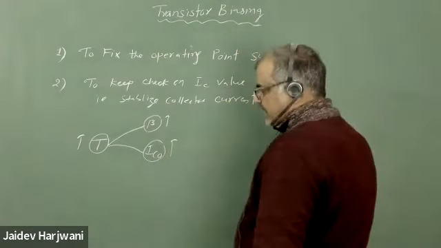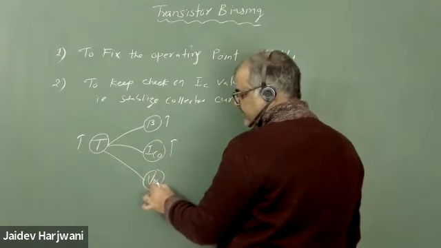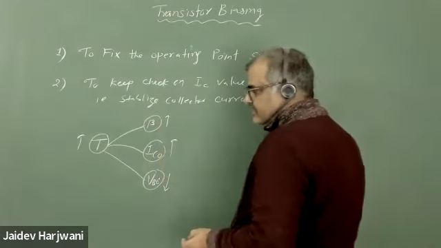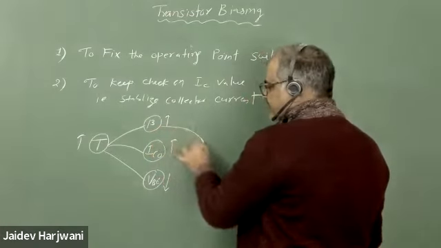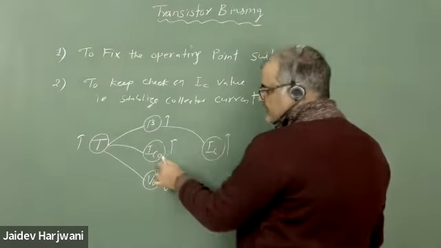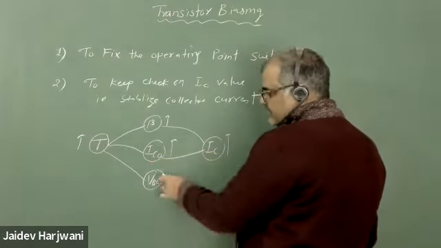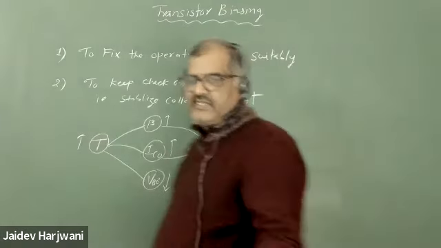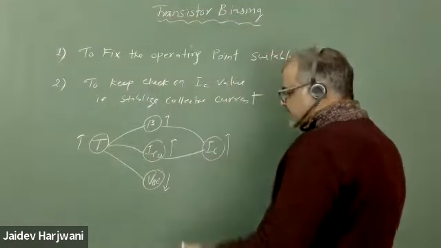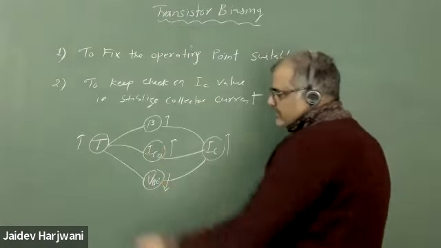And the built-in potential VBE also goes down. So if beta increases and your IB is fixed, increasing temperature directly affects IC, so your IC will go up. ICO increases, and ICO will also add in IC, so IC will also increase. Similarly, VBE decreases in forward bias, which will increase your IB, and the increase of IB again results in an increase of IC. So IC increases once you increase the temperature.